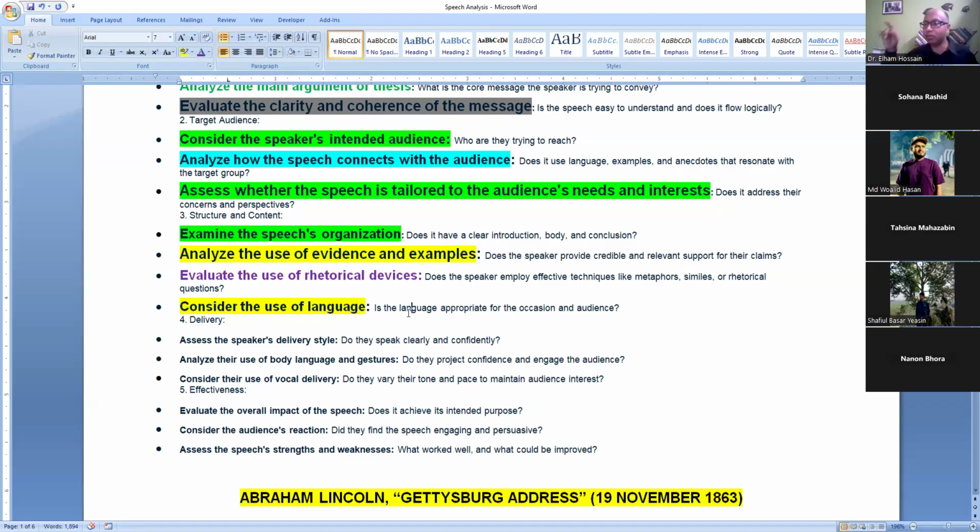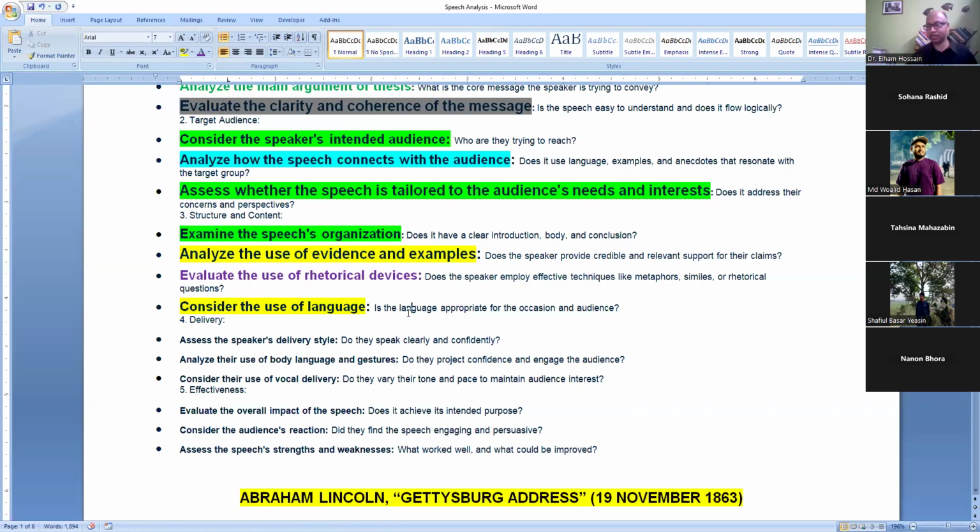Language does not only mean the verbal delivery. Language means your movement. Language means how you stand, how you laugh, how you smile, how you react, how you show your attitude to other people's reactions to you. So all these things constitute your language.